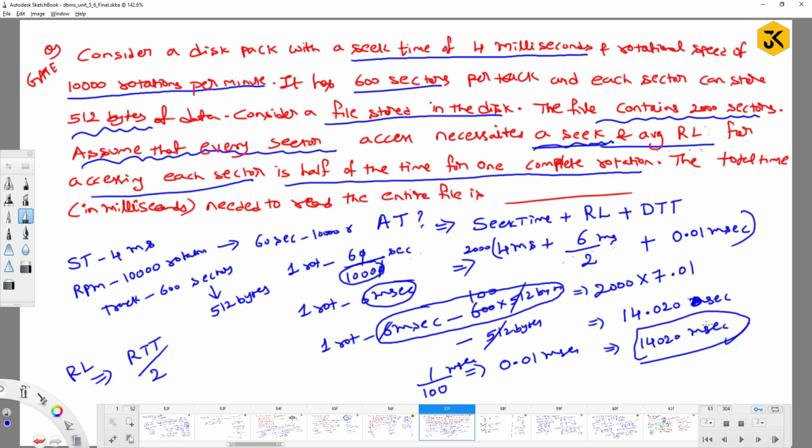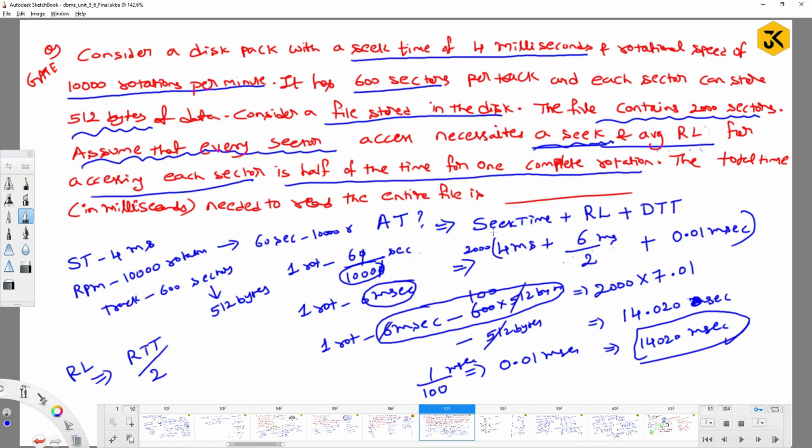These parameters are very important: milliseconds, seconds, nanoseconds, all those things. 1 nanosecond is equal to 10 power minus 9, and micro is 10 power minus 6, right? Okay, fine. Is this particular question okay for everyone?